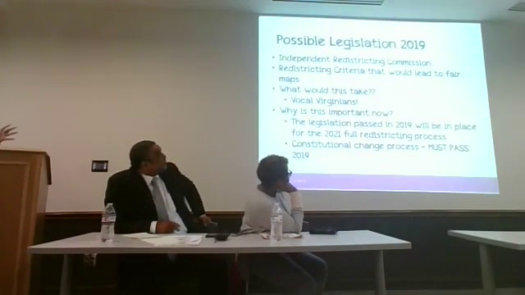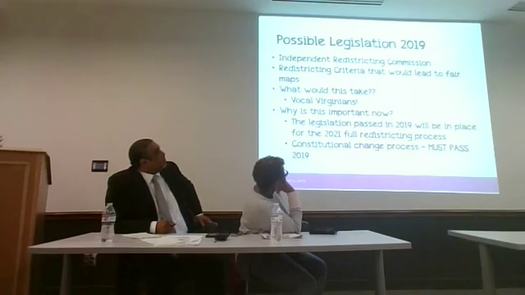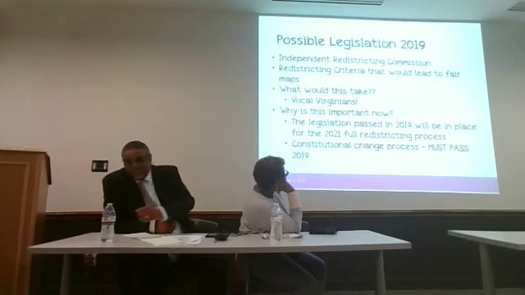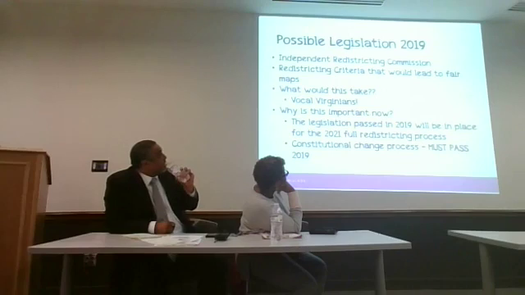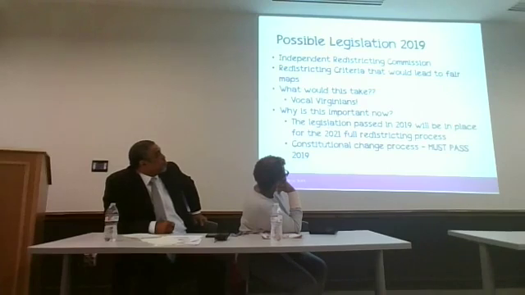So what's important about 2019? We've gone over the past, we've gone over the present. What is significant about the future? What did I say about the proposed constitutional amendment process? It has to pass twice, right? If we want to change the rules under which the 2021 map is going to be drawn, those rules have to be passed for the first time in 2019.